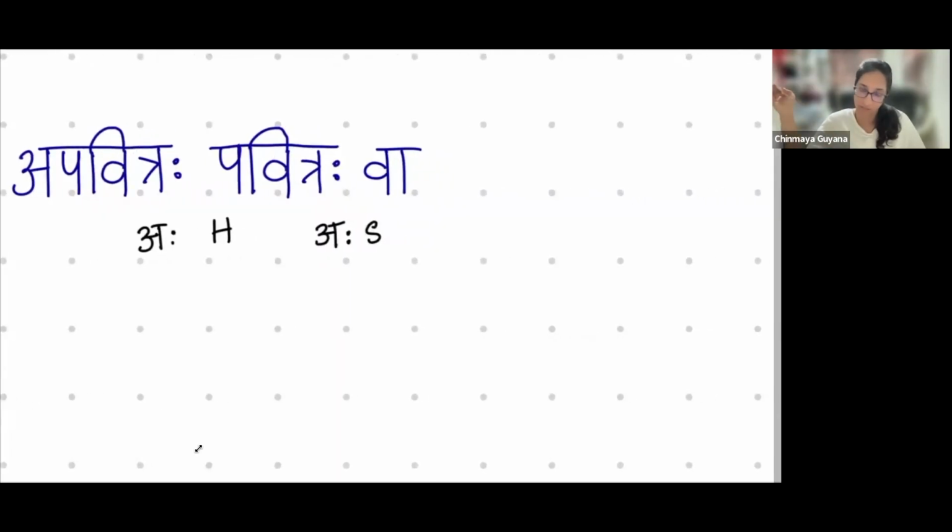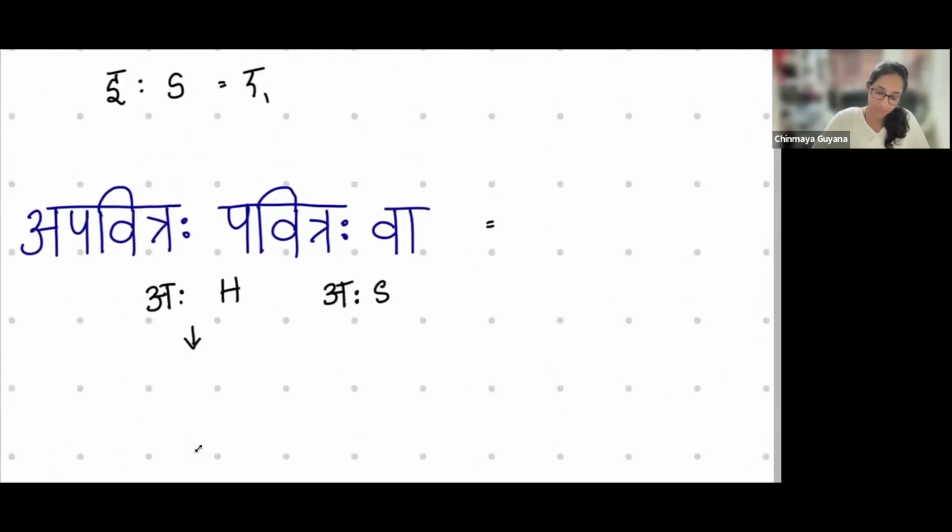First, you just write it. Apavitraha. Aha plus hard will make no change. Aha plus soft is O. So you're going to get a, pa, vi, tra, no change.